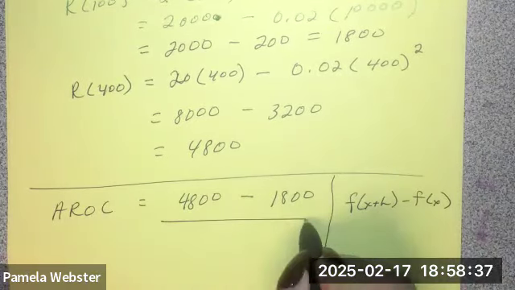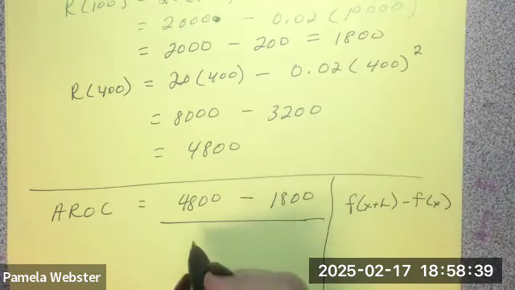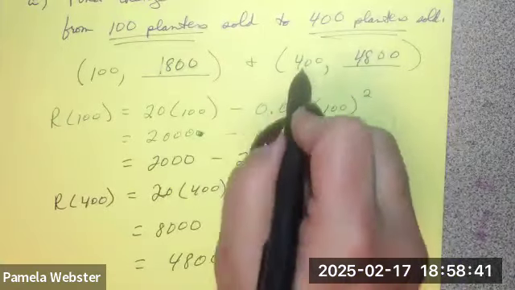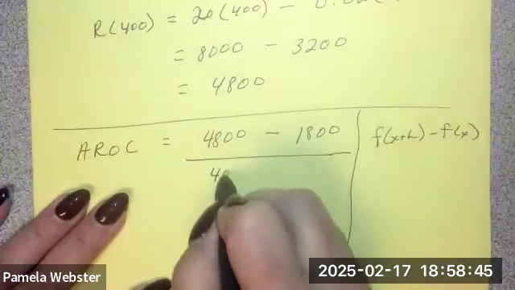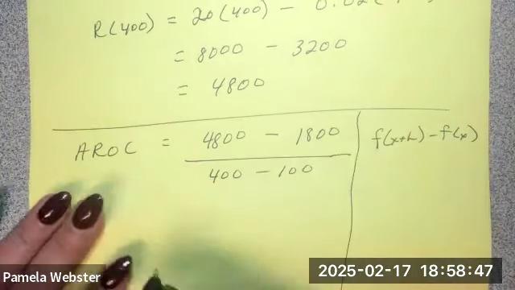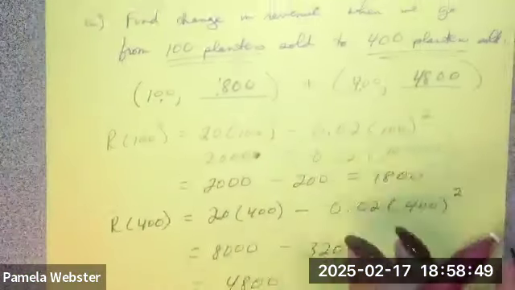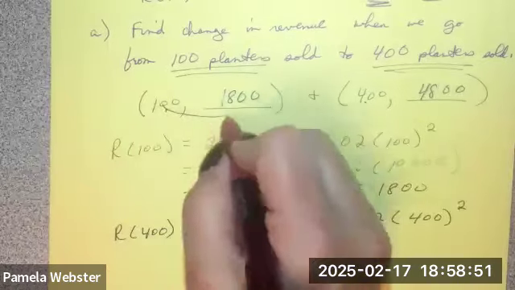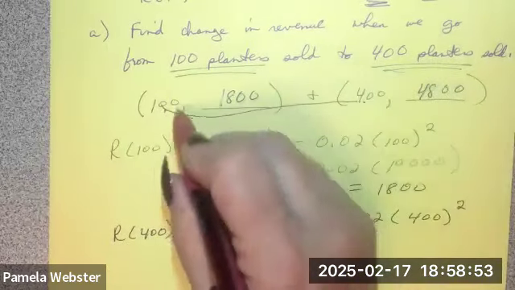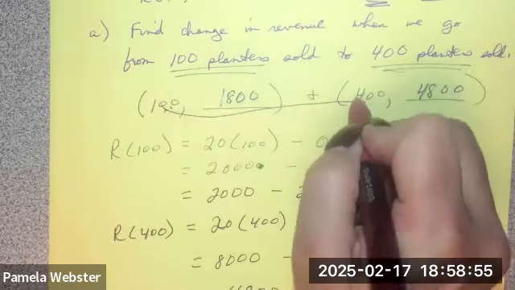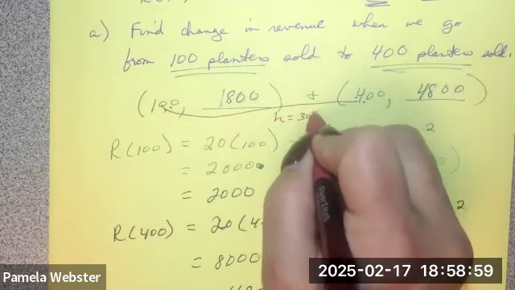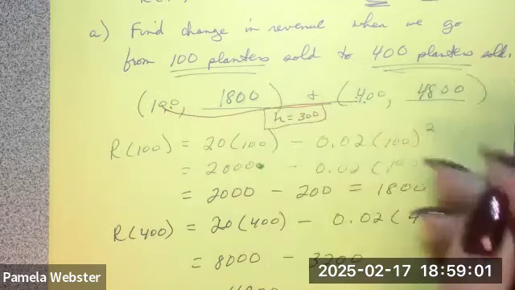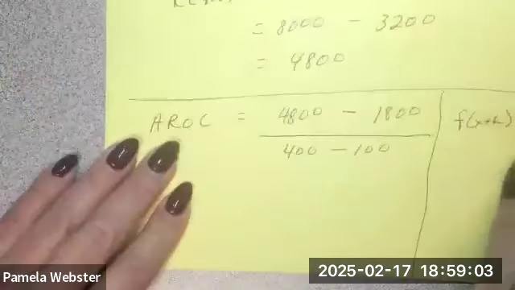Over, and on the bottom, I've got 400 minus 100. Now notice, if you're really paying attention, what's the gap between these two x values? To go from 100 to 400, my gap, my h, must have been 300, right? So we could have known that beforehand.